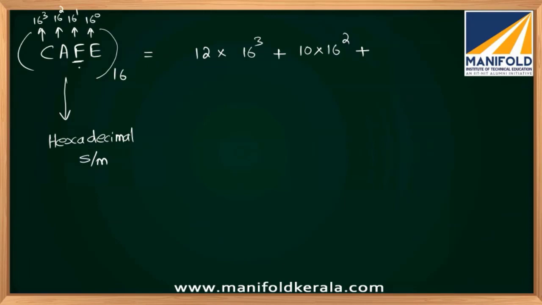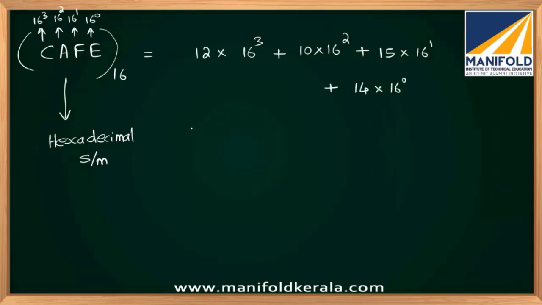And what is the value represented by F? F is a symbol in hexadecimal, but what is the value represented? It is 15. And what is the positional weight of F? It is 16 raised to 1. So 15 into 16 raised to 1 plus. And finally, you have E, and E stands for which value? 14. 14 into 16 raised to 0, right?